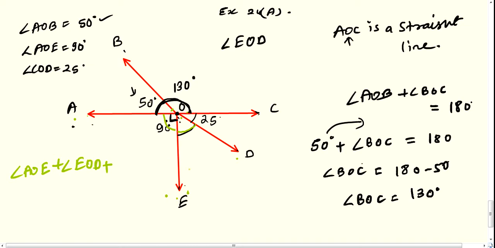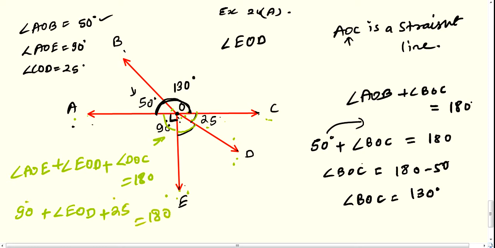Plus DOC, this angle, equals 180 degree. Now AOE is given as 90, so write 90 plus EOD, that we have to find, plus DOC, which is 25, equals 180.